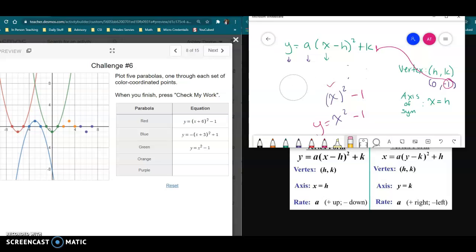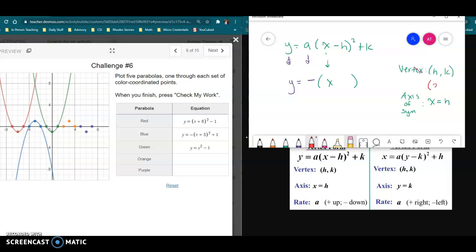So let's start back over with our OG formula here. Our orange is going to be pointing down, so I know my a is going to be minus. Then I have parentheses, x, and our vertex, our center point, is going to be 3, 1.